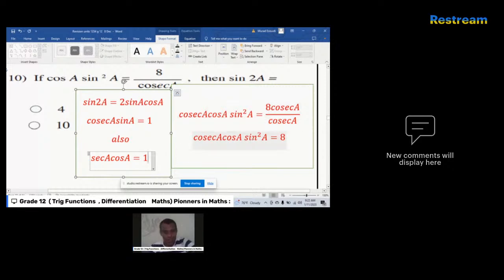Now, learners, you can see that the double angle sine 2A is 2 times sine A cosine A. Therefore, I can multiply this by 2 and divide by 2.